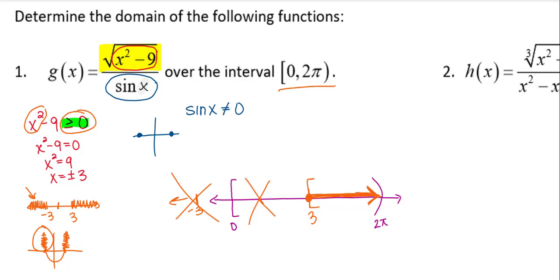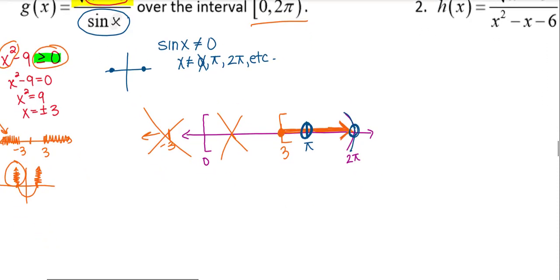So if you like the cannot equals, that's appropriate as well. So x cannot be 0, pi, 2 pi, etc., right? Because you could go around the unit circle again and again and again. And so pi is after 3, because 0 is obviously already not included. So I would put pi on here, and that needs to be an open circle. And 2 pi, I already have a parenthesis on.